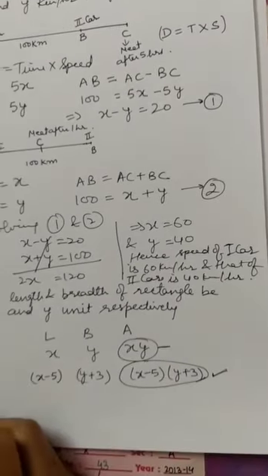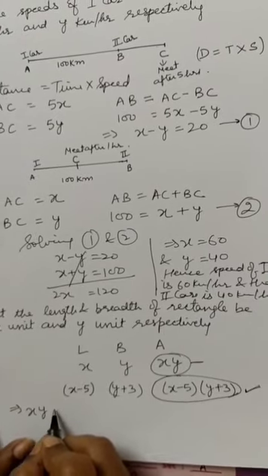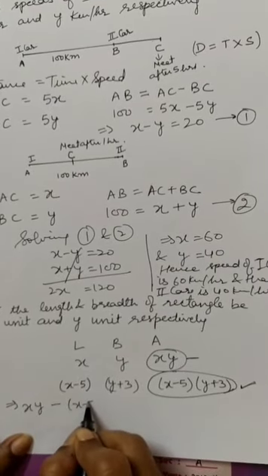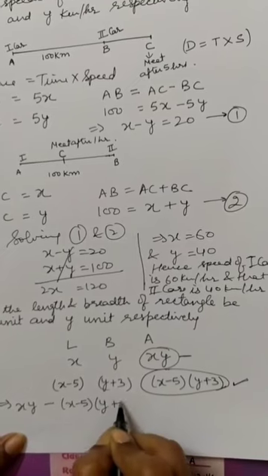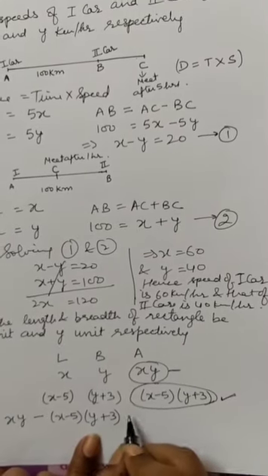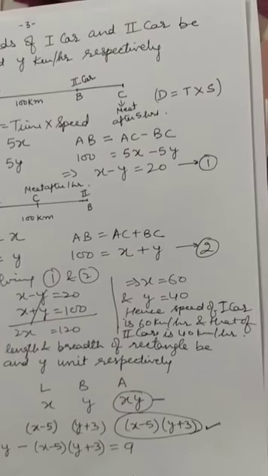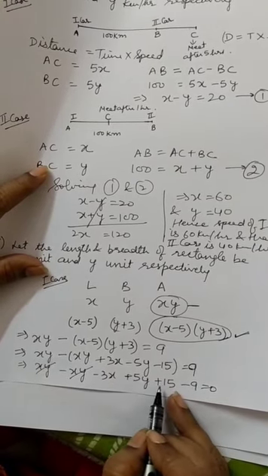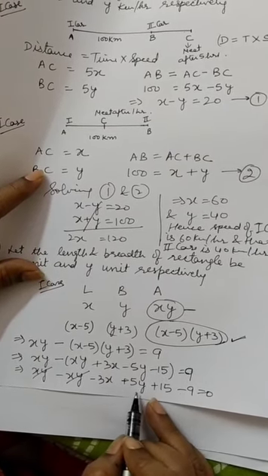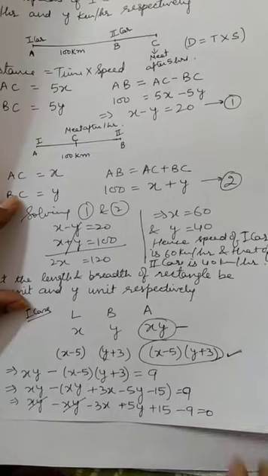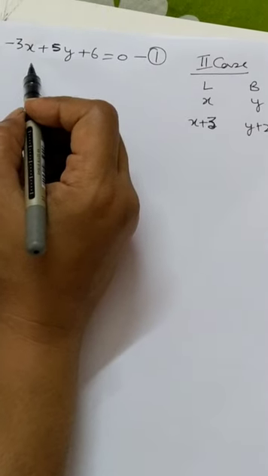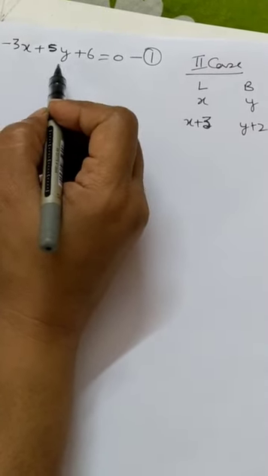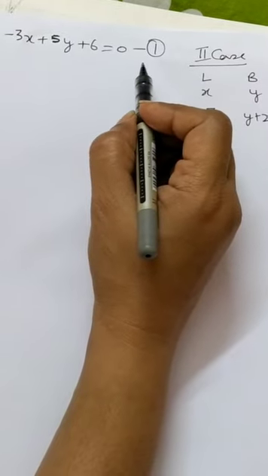So the equation formed is xy minus (x minus 5)(y plus 3) equal to 9. When we simplify it, we obtain minus 3x plus 5y plus 15 minus 9 equal to 0. The first equation obtained is minus 3x plus 5y plus 6 equal to 0.